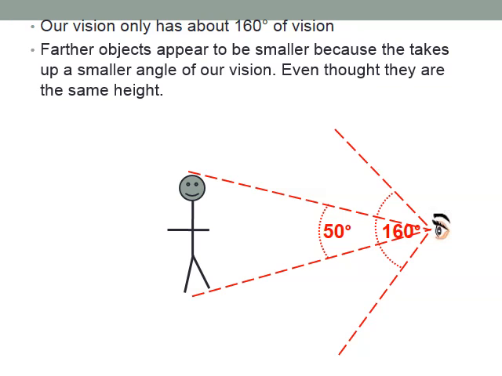We would say that person only subtends, or takes up, 50 degrees within your vision, okay? It's only using 50 degrees of your original total 160 or whatever you have. Every person's slightly different, depending on where your eyes are set on your head. So even though the person's the same height, he hasn't changed at all, he looks bigger, right?